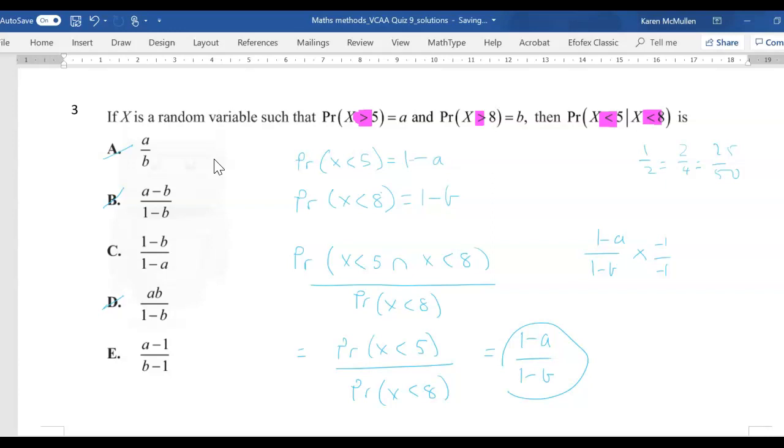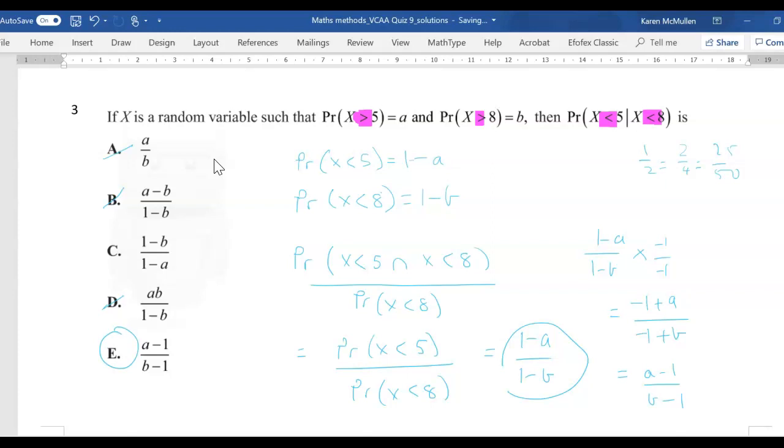So anything that is positive now becomes a negative. This numerator, instead of being 1 minus A, can be -1 plus A, and my denominator can be -1 plus B. It still doesn't look like what we have, but I can switch my A and -1 around and my B and -1 around. So my correct answer is E.